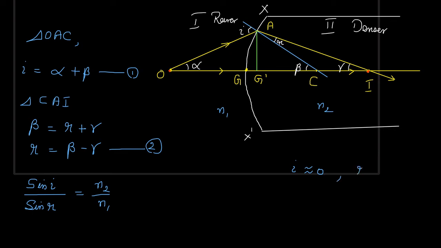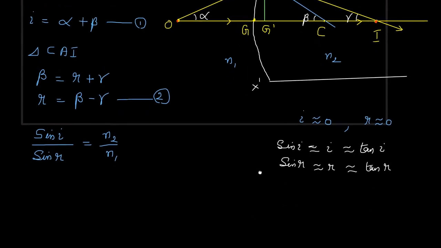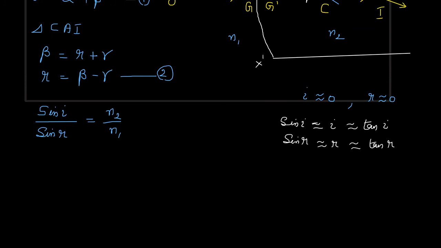Therefore, angle R is also nearly equal to 0. So in such condition, sin I is approximately equal to angle I, which is approximately equal to tan I. Similarly, sin R is approximately equal to angle R, which is approximately equal to tan R. So instead of sin I and sin R, let us represent in terms of tan.